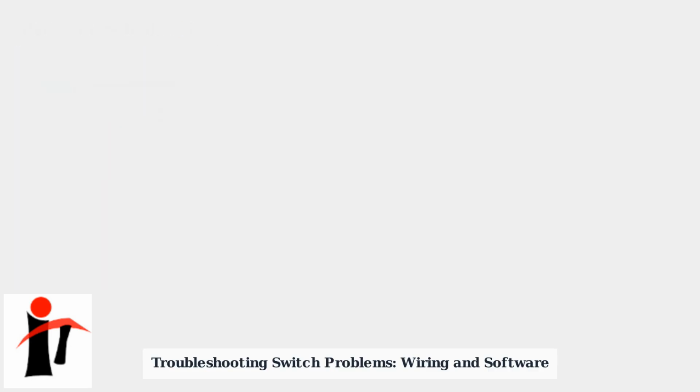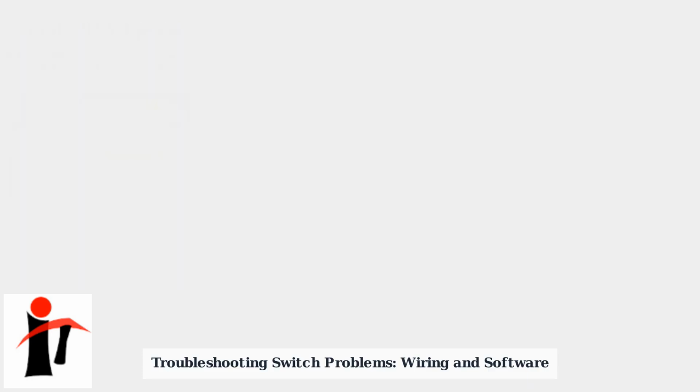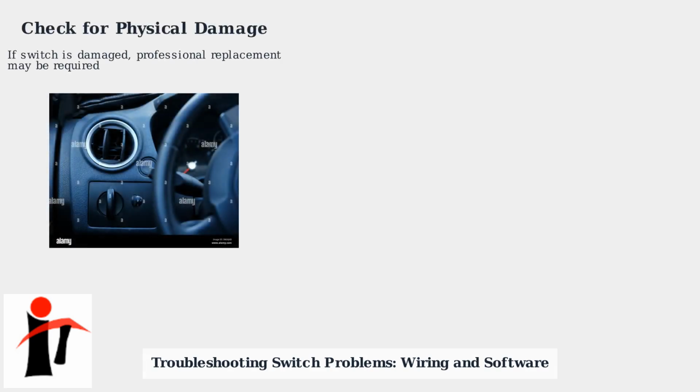This can clear temporary software glitches that might be causing the switch to respond incorrectly. Tesla's over-the-air updates often include fixes for software-related switch problems. These updates can resolve programming errors that affect the sunroof control system without needing physical repairs. If the switch shows physical damage or continues malfunctioning after software fixes, replacement may be necessary. Consult Tesla service for proper diagnosis and installation.